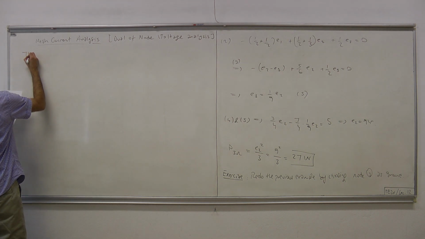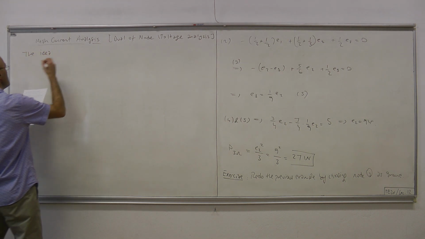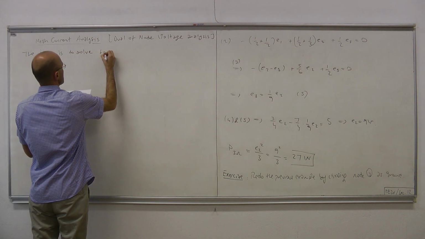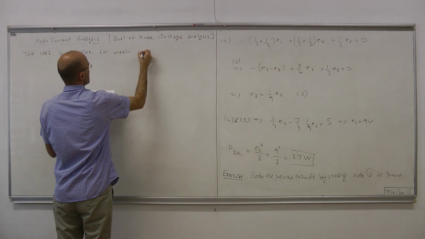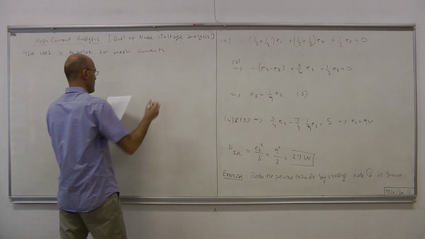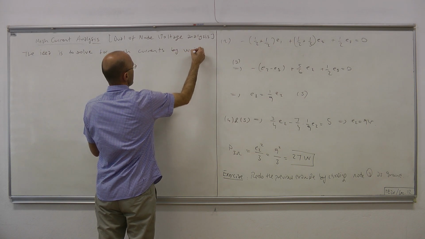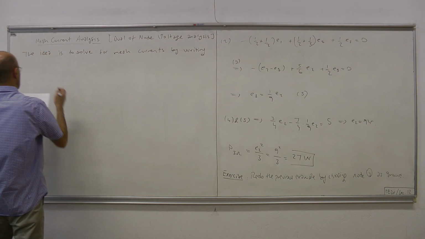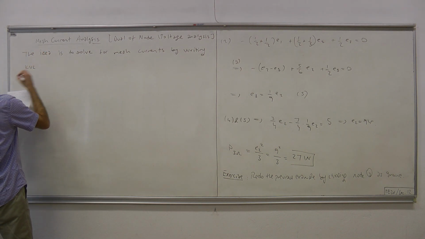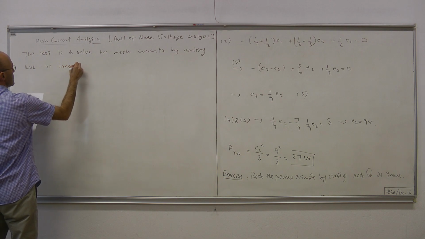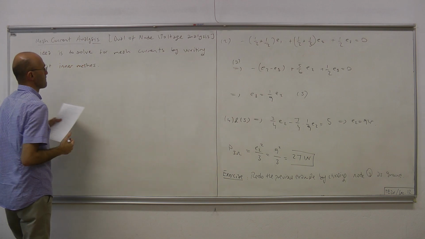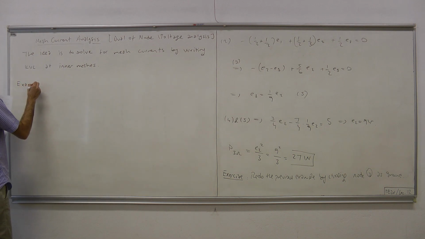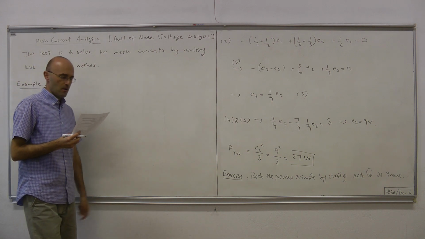So the idea is to solve for mesh currents by writing voltage equations imposed on the circuit by KVL, writing KVL at inner meshes. Okay. So let's apply this very simple idea directly on an example.